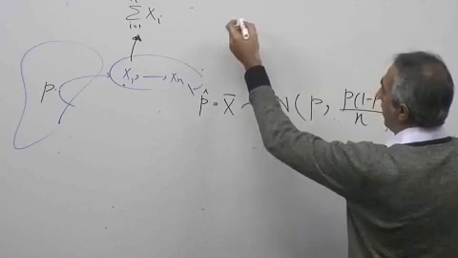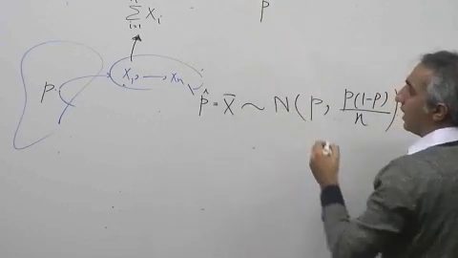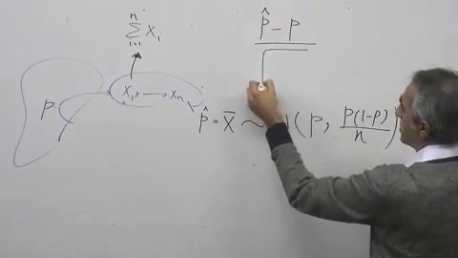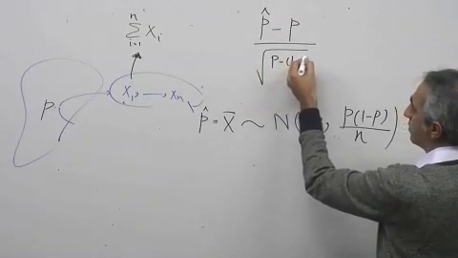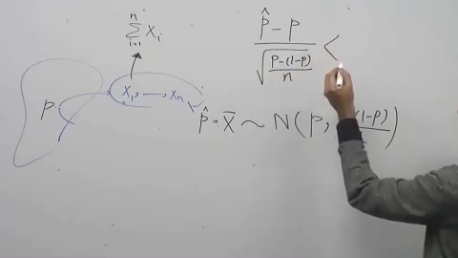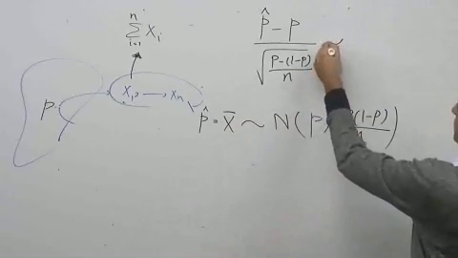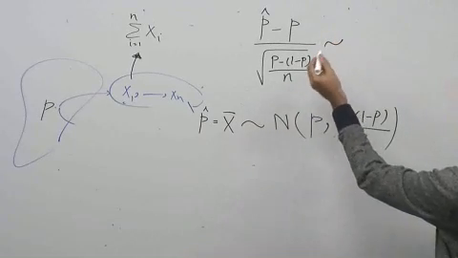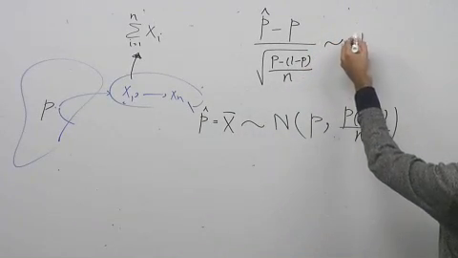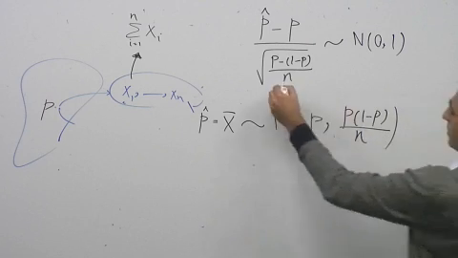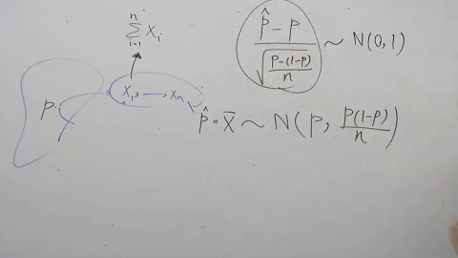So I can say my p hat, which is x bar, minus p divided by the standard deviation, follows what? A z distribution, which is normal with 0 and 1. Okay? So this guy is z.